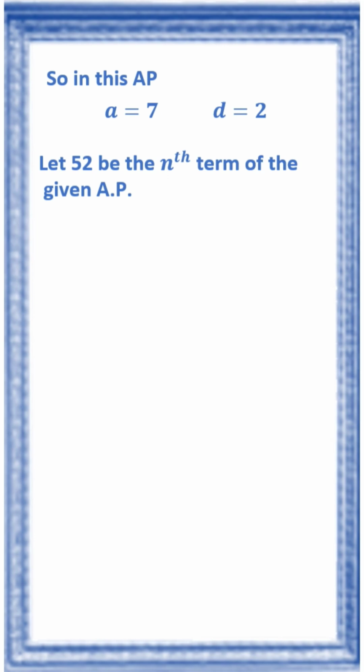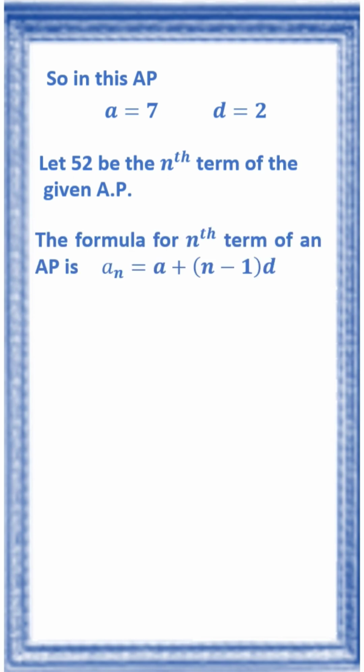So in this AP, a is equal to 7, d is equal to 2. Let 52 be the nth term of the AP. We have to check if 52 is a term of the AP. The formula for the nth term of an AP is An is equal to a plus n minus 1 into d.